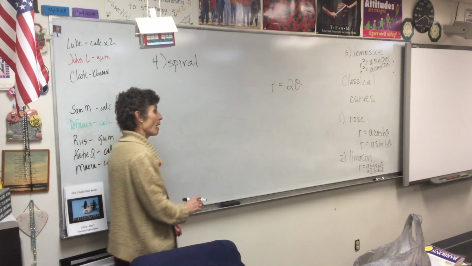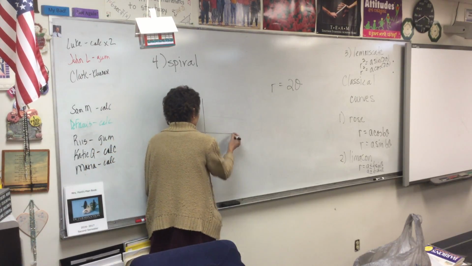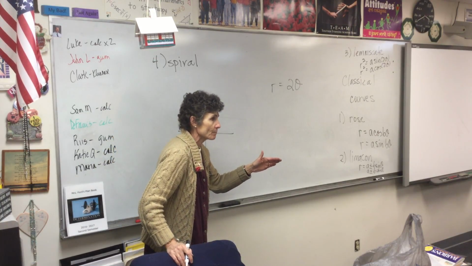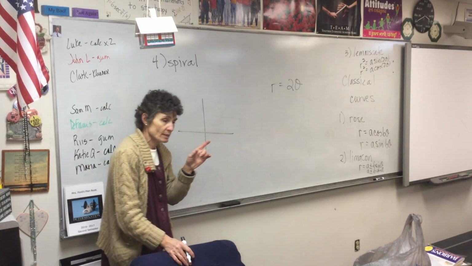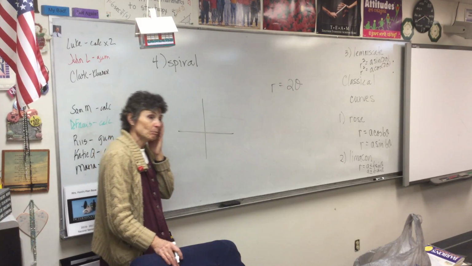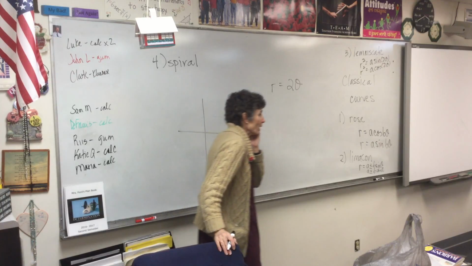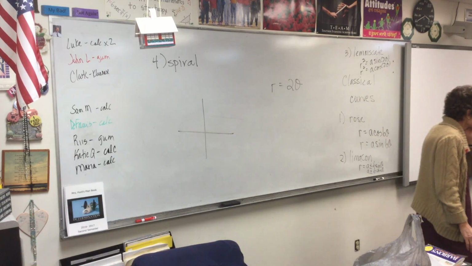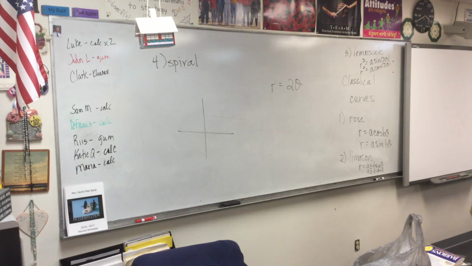Now, the spiral that you drew, somebody said, well, why isn't it stopping? Well, it did eventually stop. But if you counted, it went around 10 times. Now, I planned that. When I told you to go up to 20 pi, 20 pi is 10 revolutions, because every revolution is 2 pi.